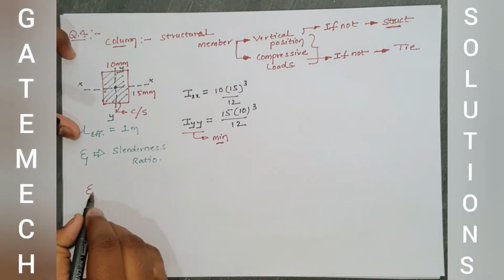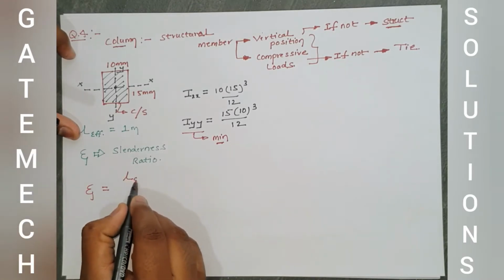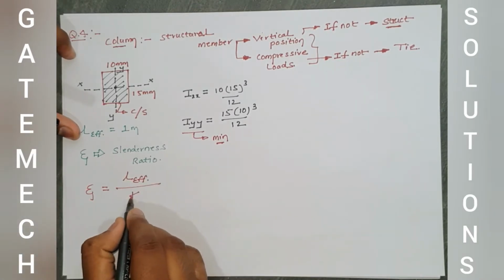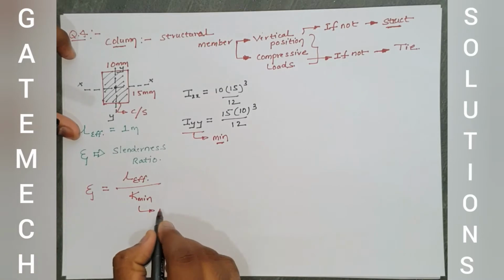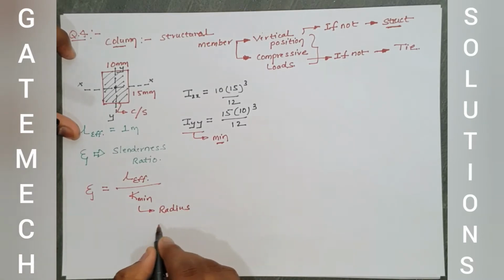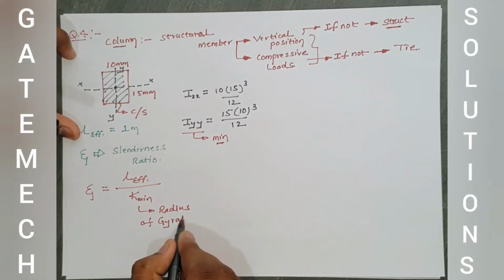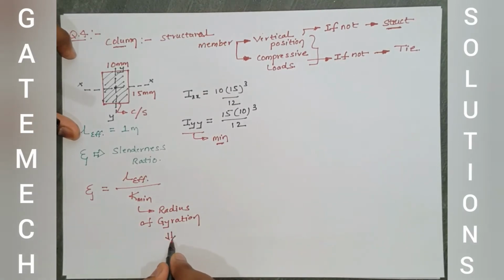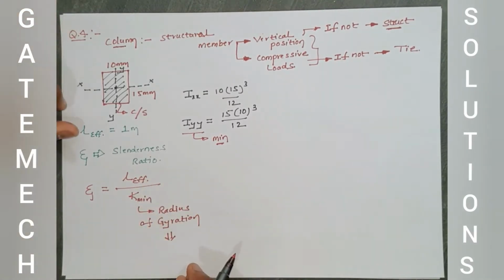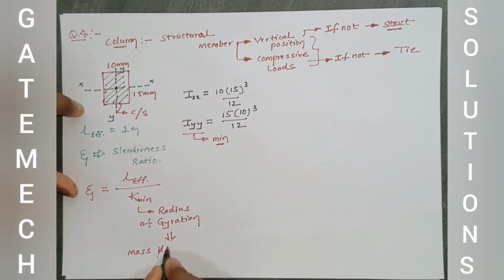To calculate slenderness ratio, the formula is effective length of the column divided by minimum radius of gyration, k minimum. Radius of gyration is the distance from the axis of rotation to a point where mass or area is distributed.